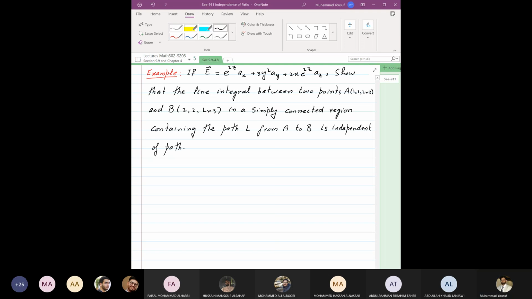That is, the integral of E dot dl over L is independent of path. Okay.